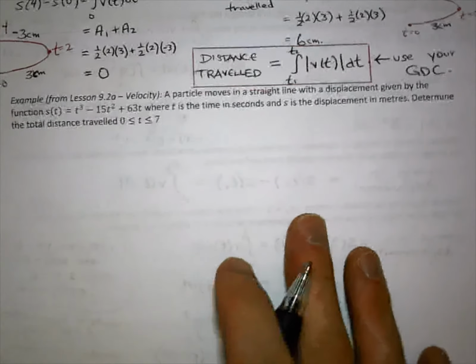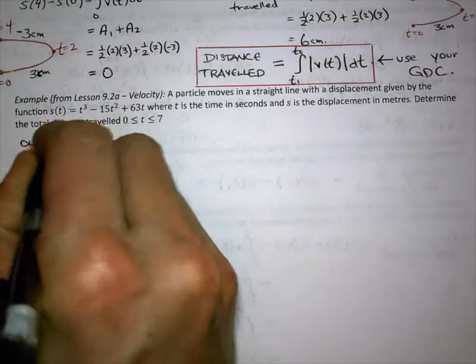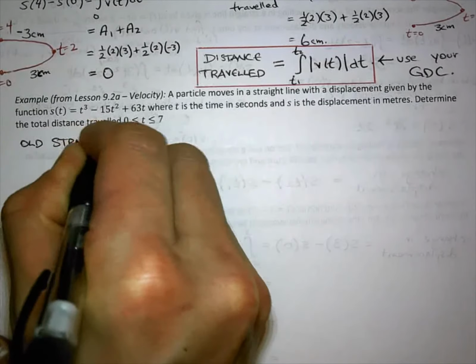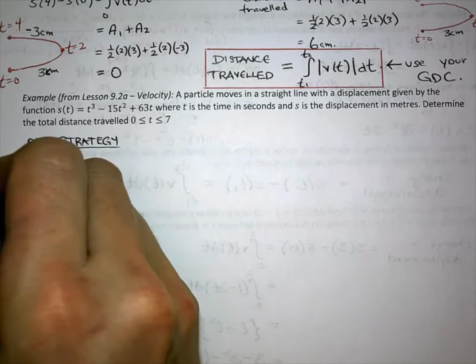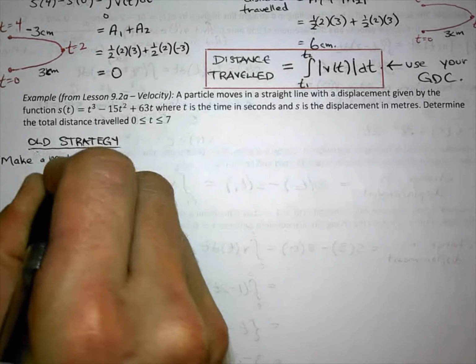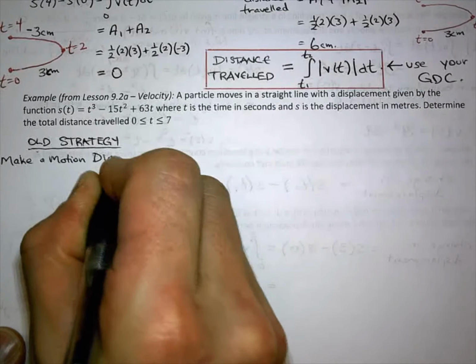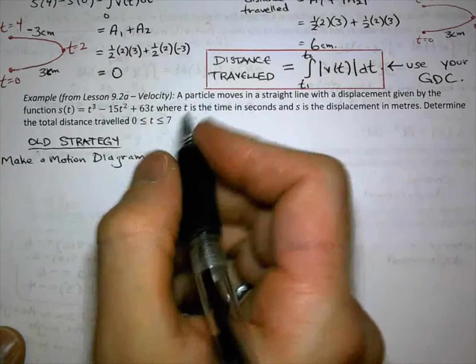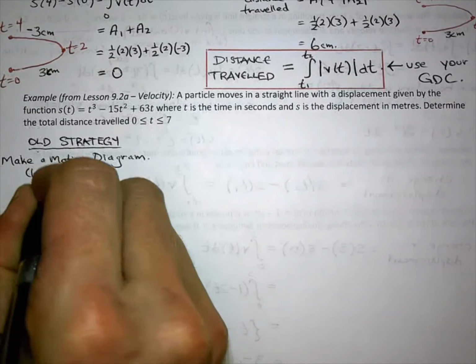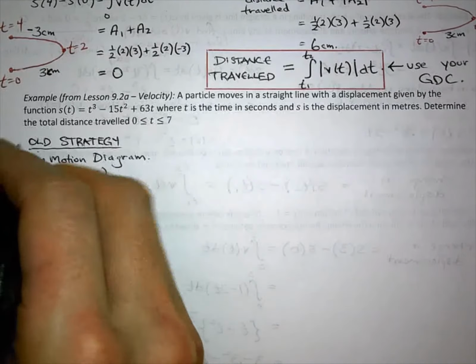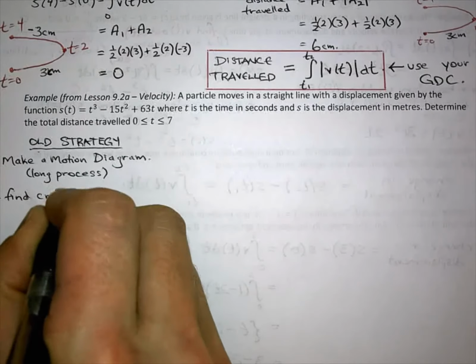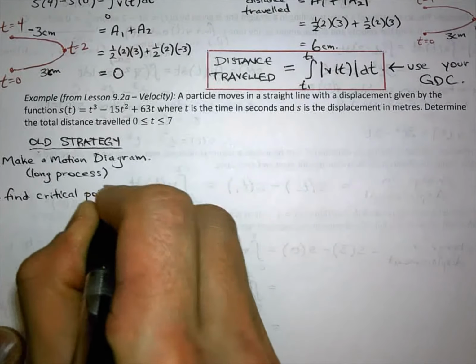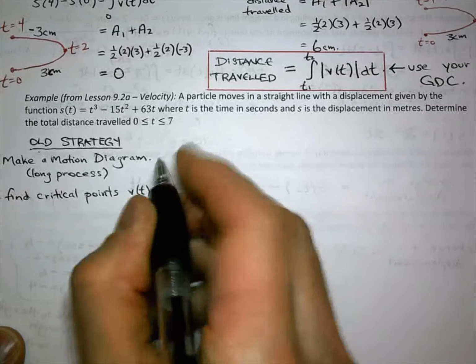Well, now we don't have to do this anymore. So I am going to just write it out so we can have some memories of how much work this was. But the old strategy was make a motion diagram. And it wasn't wrong, it was just time consuming. So it was a long process. We had to find the critical points. That is v at t equals 0.